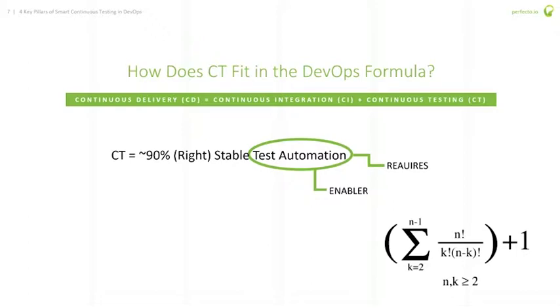But to do so, you need continuous testing, this is the lower metric here, to have 90% of the right and stable test automation in place, okay? And the right test automation, that's the biggest challenge that we see today. People are looking at automating almost way too much and not always the right test scenarios on the right target platforms.